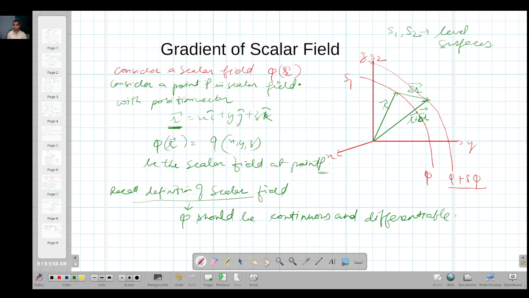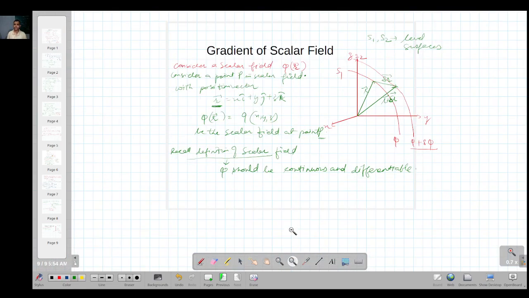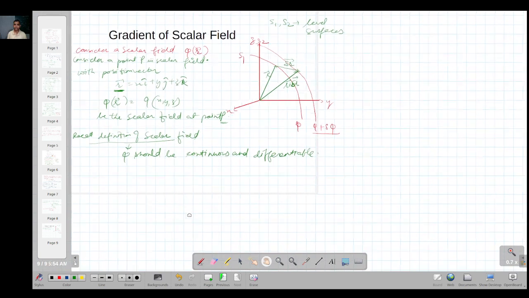What's the meaning of it, that it should be differentiable, and what we are getting out of it? So phi is continuous and differentiable, and phi is not a function of single variable, but it is depending upon x, y, and z. That means another thing which we have to keep in mind, that phi changes with change in x, y and z.